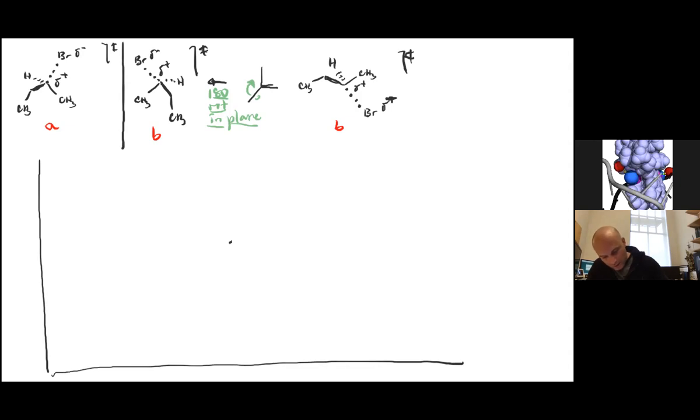And so if we go down and think about our free energy diagram, now starting from our carbocation, that has some energy associated with it. And it's going to go down to form two products. So attack on the top face would give me this structure, and attack on the bottom face would give me this structure.